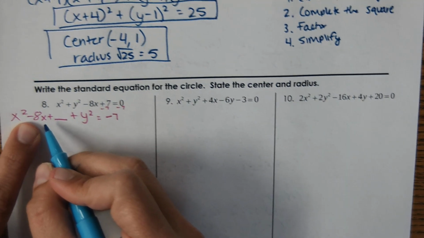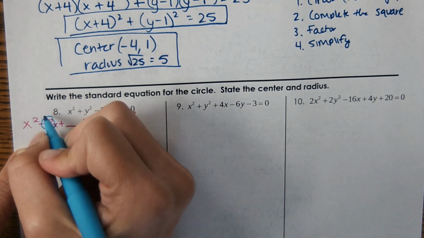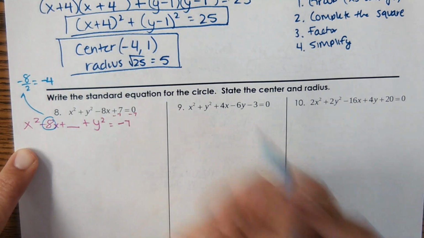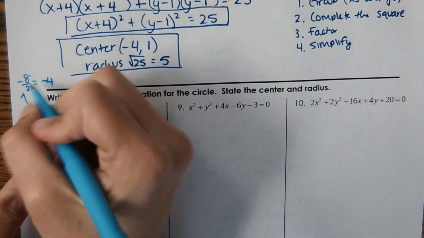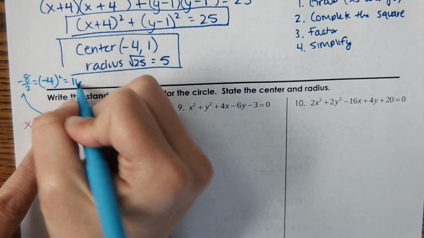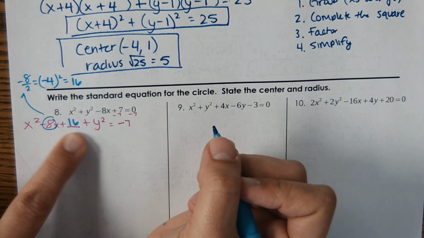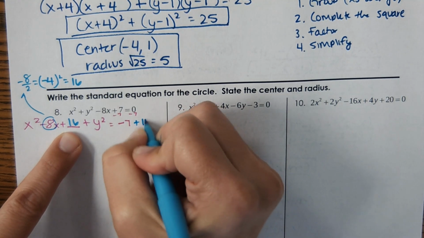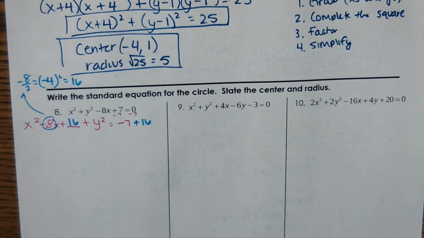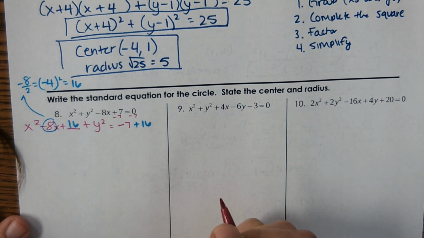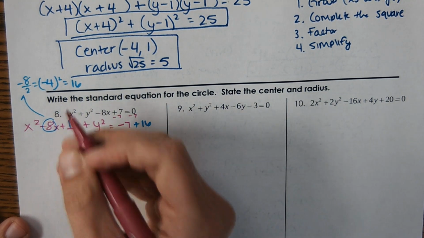So for this, we just take this middle term, divide it by 2, get negative 4, square it, and get 16. And then when we add on this side of the equation, we also have to add over here. And then factor this.